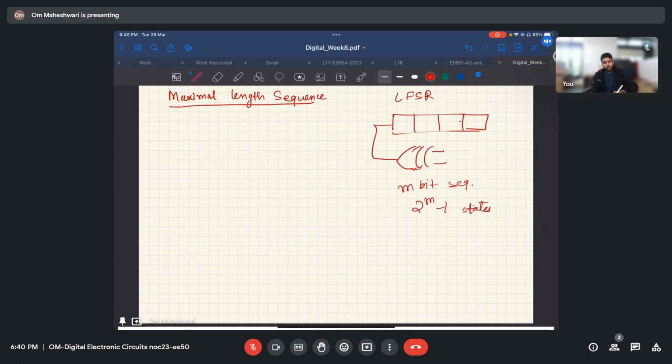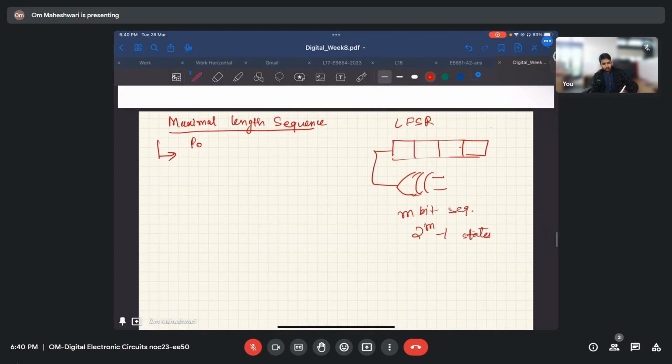The shortcut to determine which are the maximal length sequences: all the sequences which have the polynomial x to the power n plus x plus 1. This is the general rule for maximal length sequence.